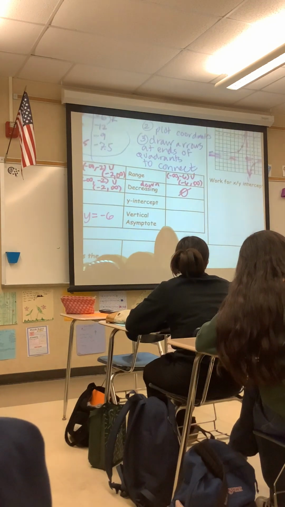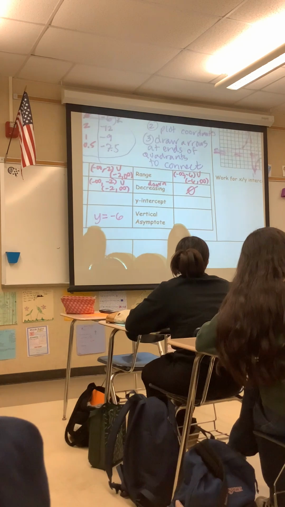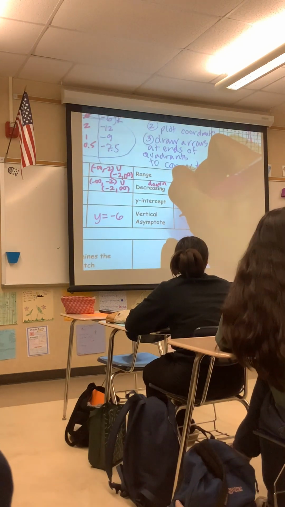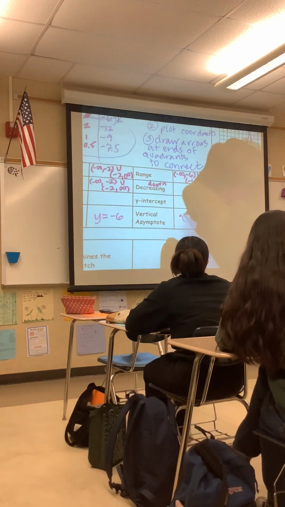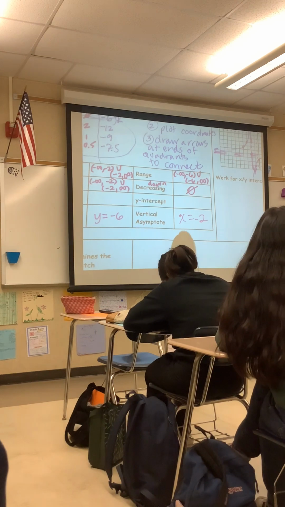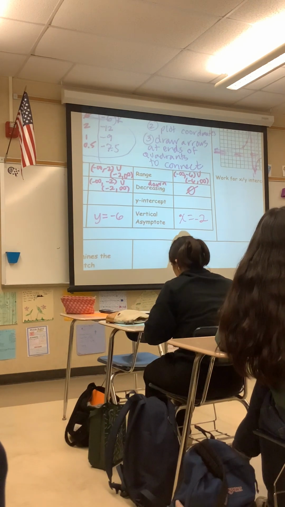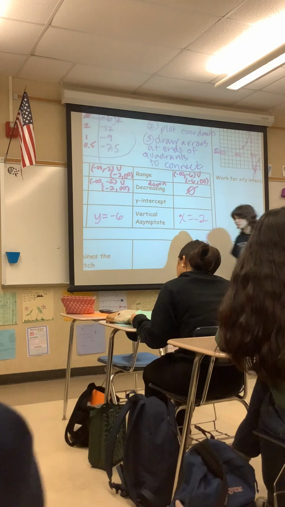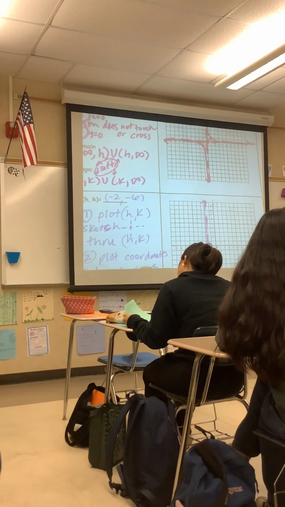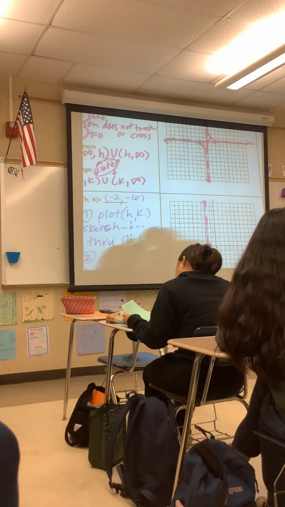So then for our vertical asymptote, it's a very similar equation, but not the exact same. Yvonne, what do we have for this? Very nice. X equals -2, the X value of the HK. Lauren. Can you explain again why the When I traced this, it went up, and then it went up.